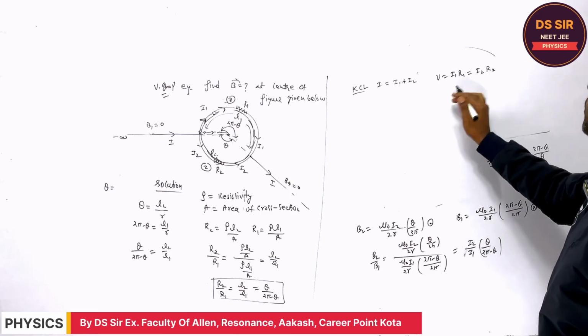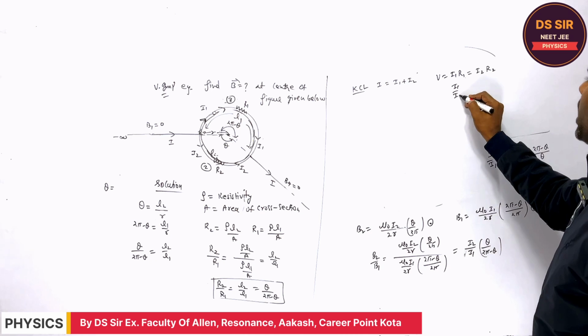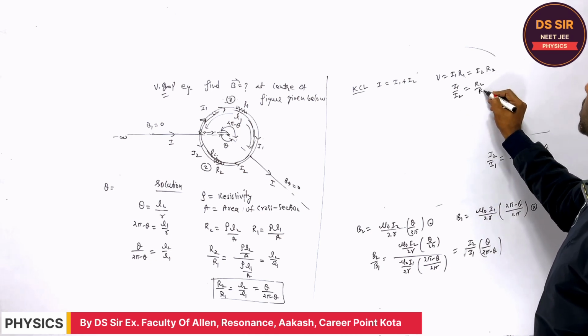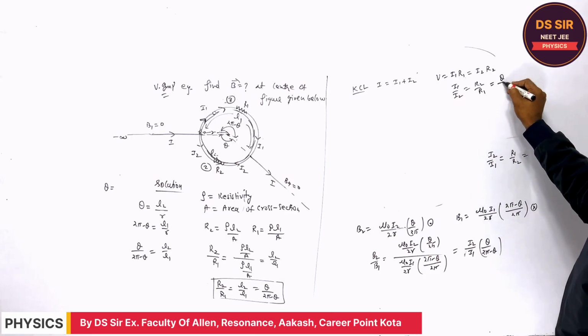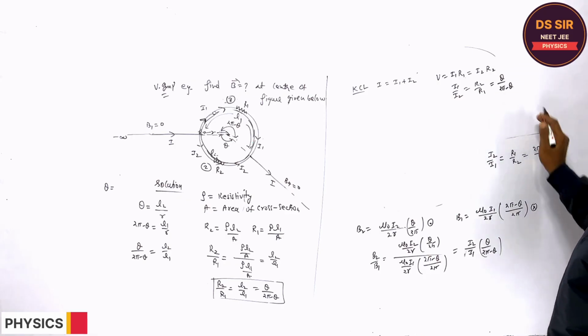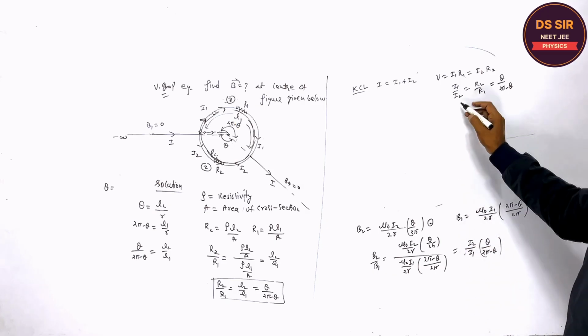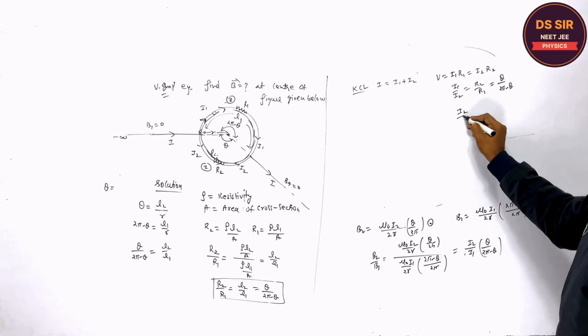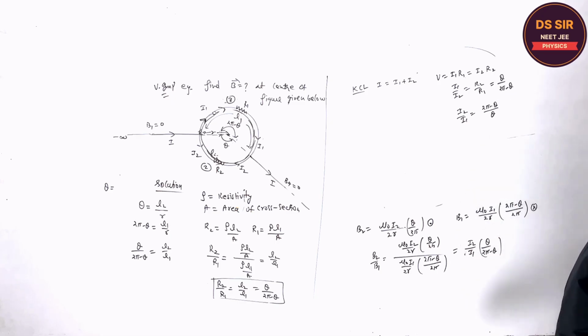So I1 R1 is equal to I2 R2, so I1 upon I2 is equal to R2 upon R1. And R2 upon R1 is theta upon 2 pi minus theta. So I2 upon I1 is equal to 2 pi minus theta upon theta.